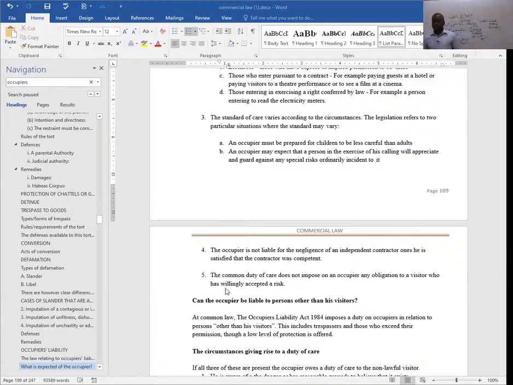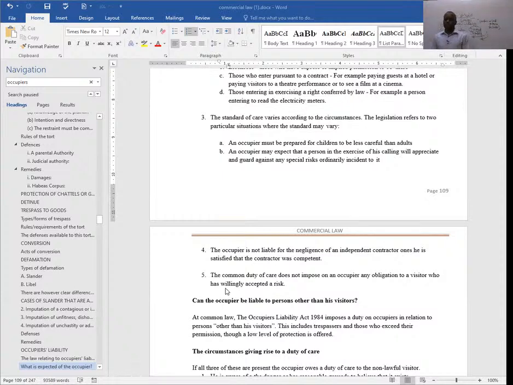So sometimes, if you've accepted the risk as a visitor entering the premises, then the supermarket won't be held responsible. For example, if they have clearly indicated that the floor is slippery, but you still enter the premises, so long as they have indicated it, it simply means that you've accepted the risk when you enter.